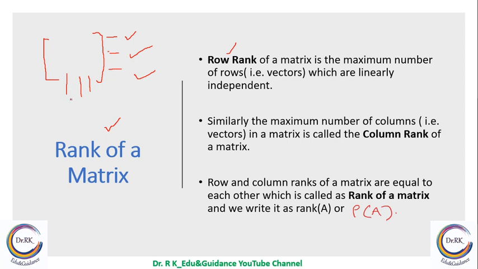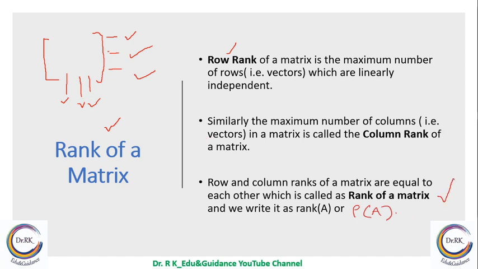Similarly, with respect to columns, the maximum number of independent columns is called the column rank of the matrix. And if the row rank and the column rank of a matrix are equal, then it is called the rank of the matrix.